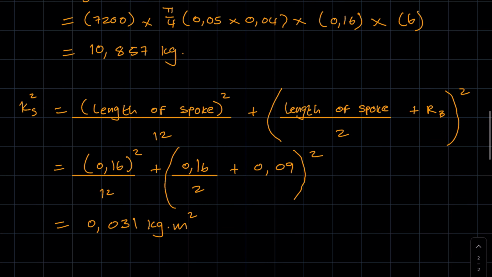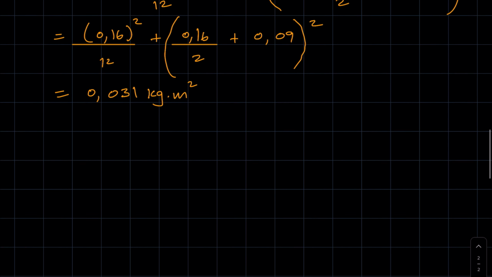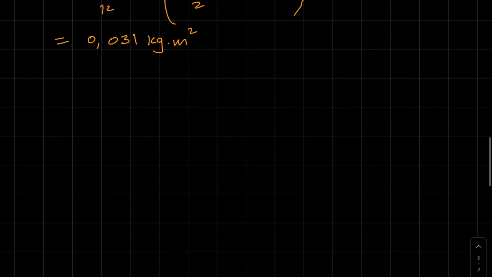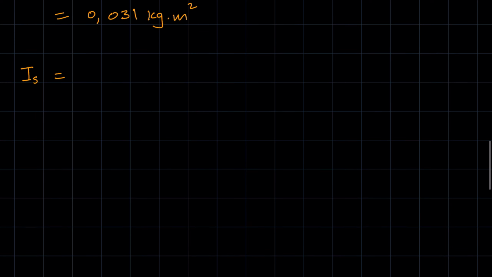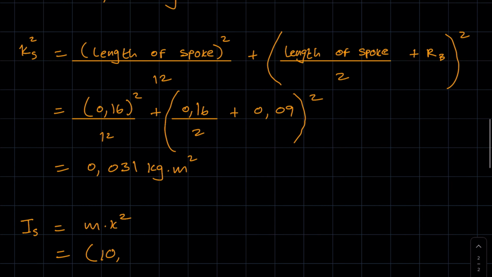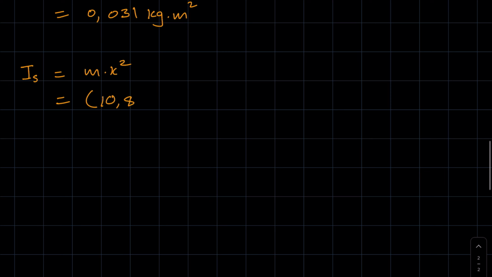So we have the mass and we have the radius of gyration squared. Now we'll be able to calculate the moment of inertia for the spoke, which will be, of course, m times k squared. So now you substitute: the mass is 10.857 times the radius of gyration squared, which is 0.031.